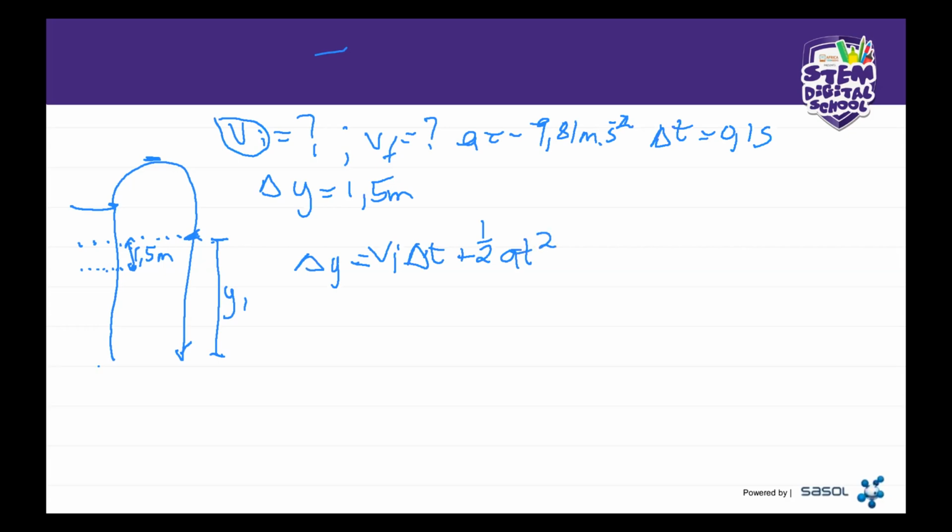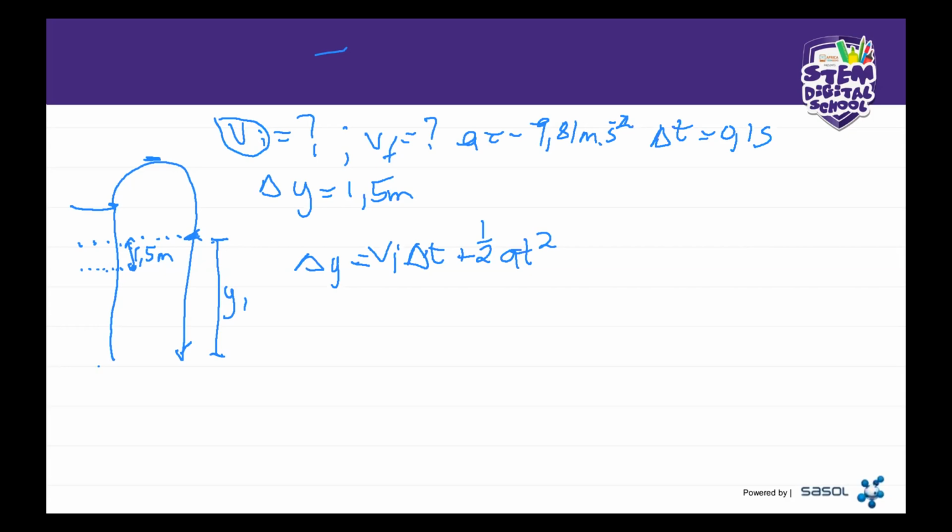Okay, we chose this one because it's the one formula that has our change in y and our vi together. Okay, and we do not have our final velocity, so we wanted a formula that will not have the vf because we do not know. We don't, otherwise we'll have two unknowns that we won't be able to solve. It might take a whole lot of simultaneous equations to do that. So this one was a better option.